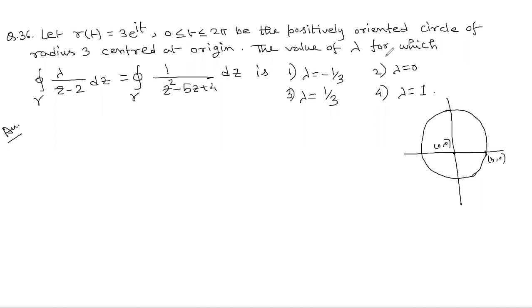Now we need to find the value of lambda for which these two integrals are getting the same values. So let us consider the first integral, integral over gamma lambda by z minus 2 dz.